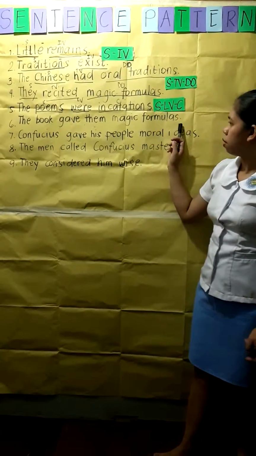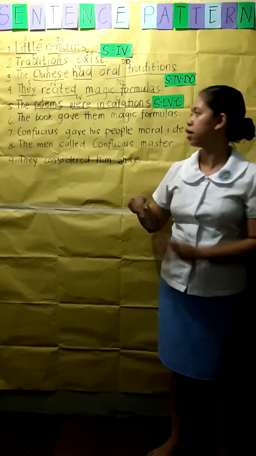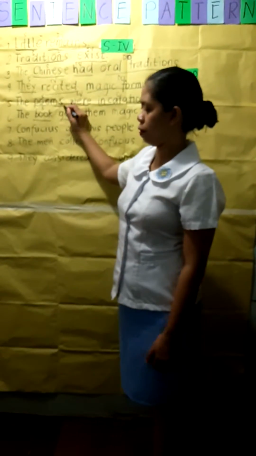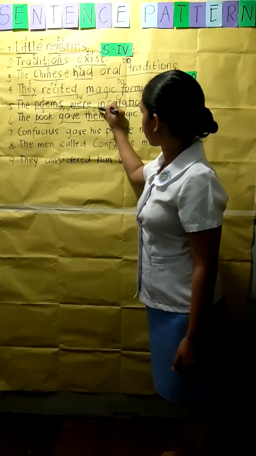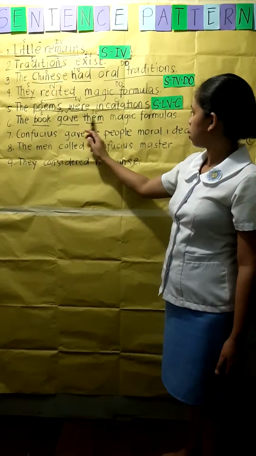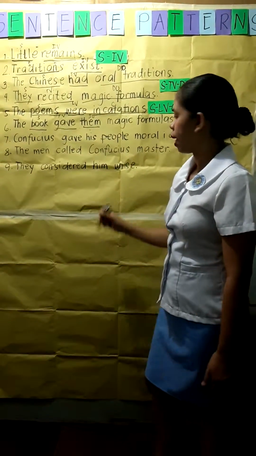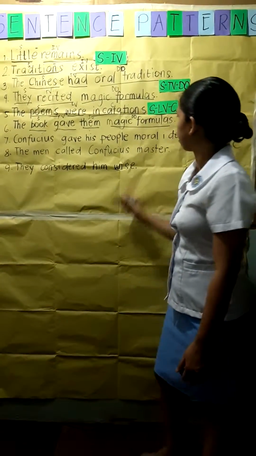The next one, we have the book gave them magic formulas. So the book is our subject, gave is our transitive verb, them is our indirect object. So this is the indirect receiver of this verb. And then magic formulas is our direct object.